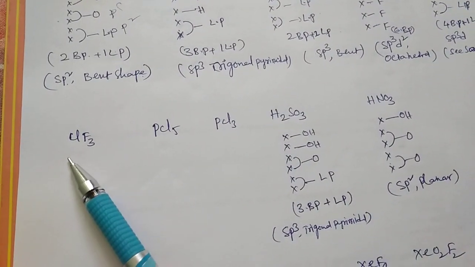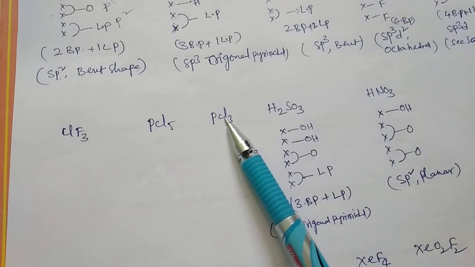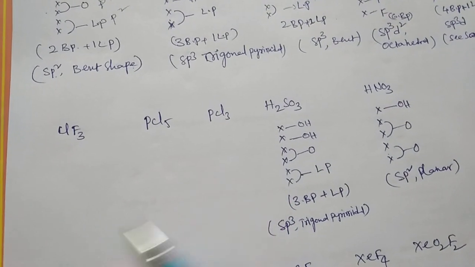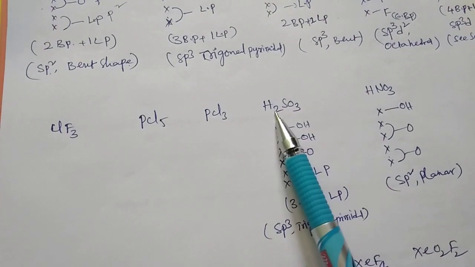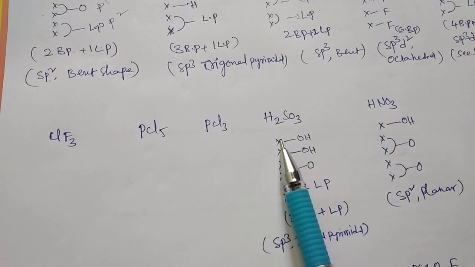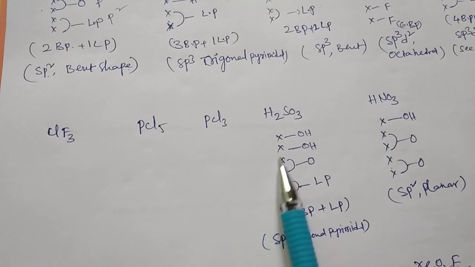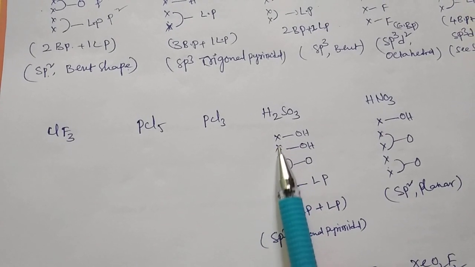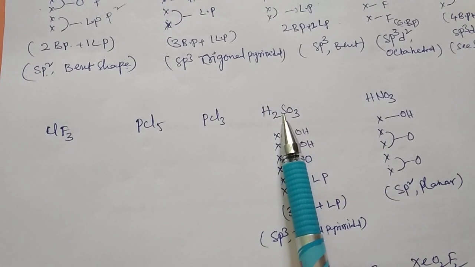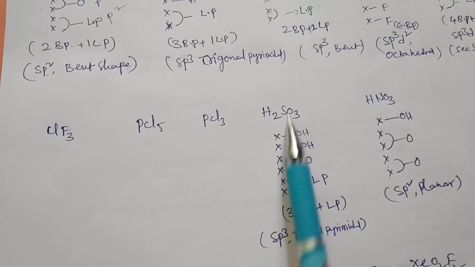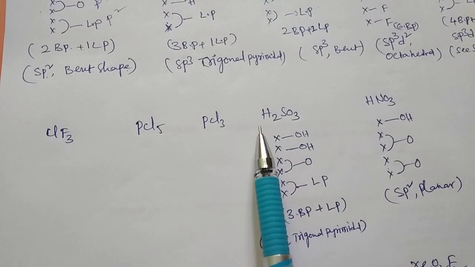you calculate ClF3, PCl5, PCl3. You people calculate, and I will tell you H2SO3. Here it is a little bit complicated for you, that's the reason I would like to explain. Sulfur is the central atom, belonging to sixth group.